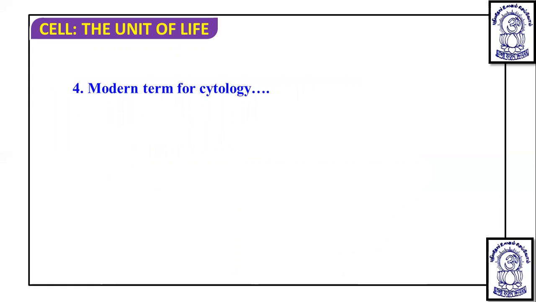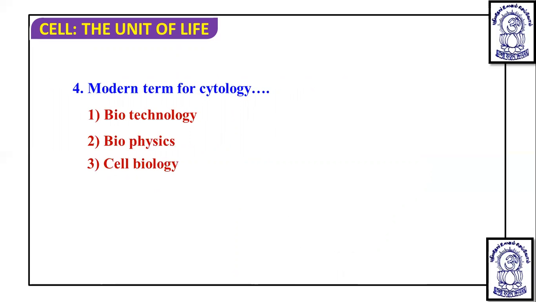Further, we discuss the modern term for cytology. Cytology is the study of the cell, but the modern term for cytology is cell biology. The next question is, who introduced the term cell?